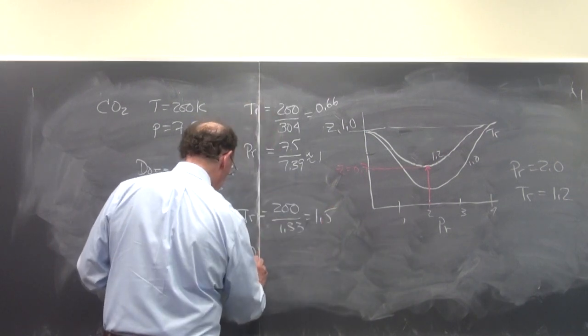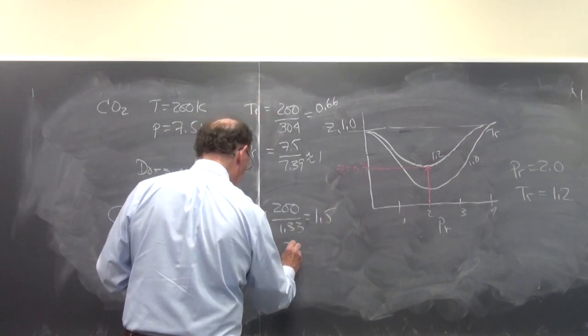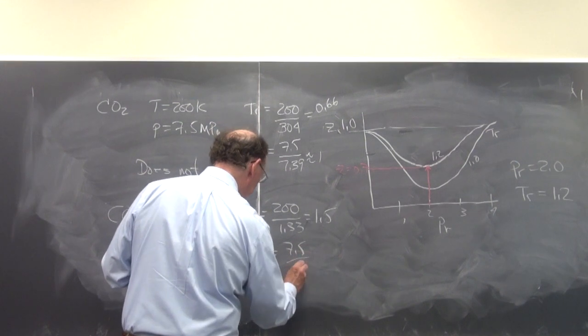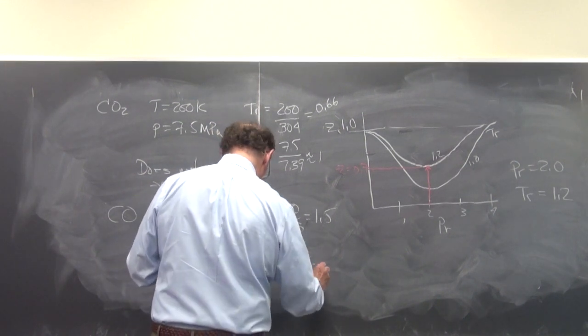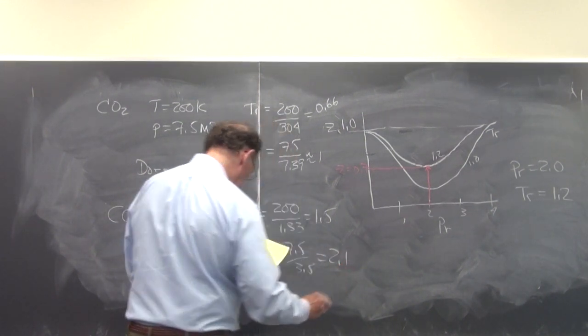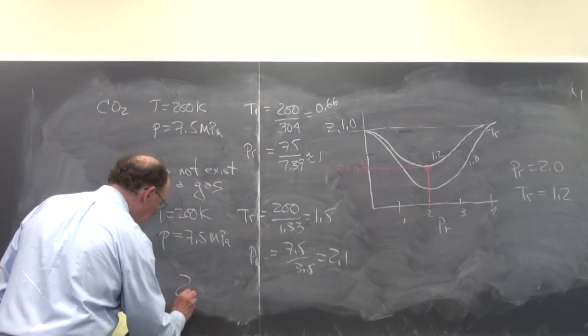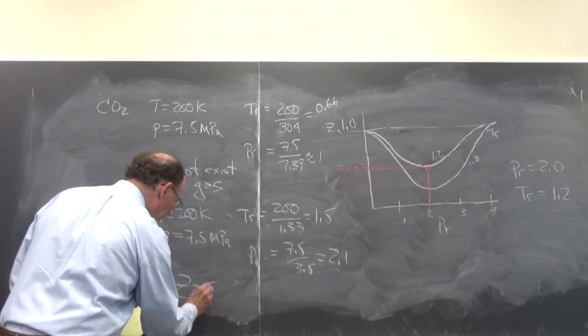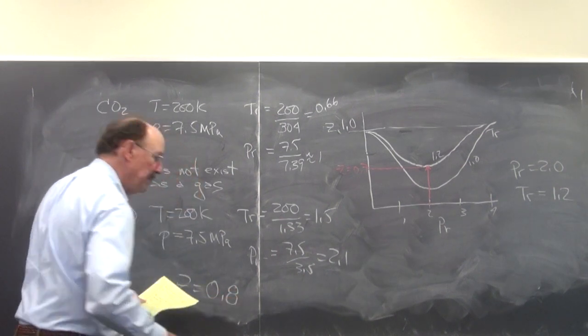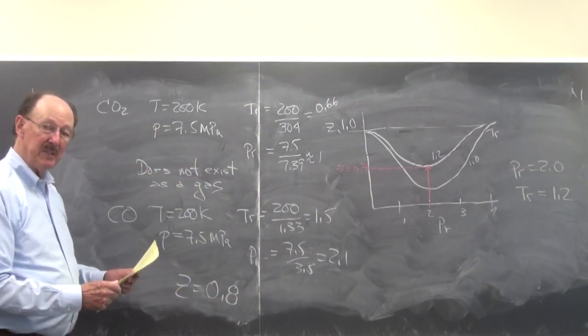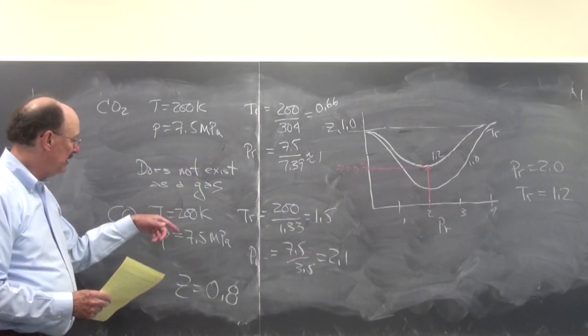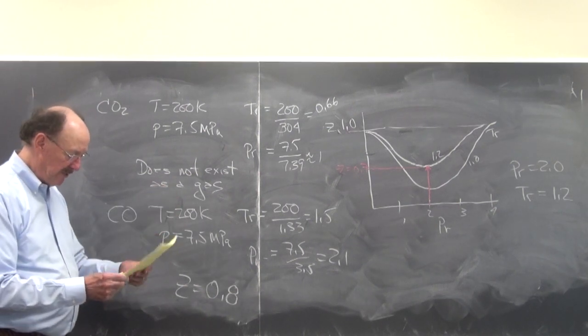P sub R is equal to 7.5 divided by 3.5, which is equal to 2.1, and we get Z is about 0.8. So it's not that different than air. You'll see the molecular structures of air and this are similar.